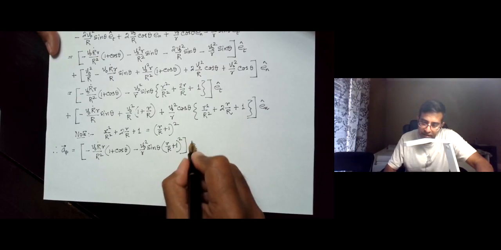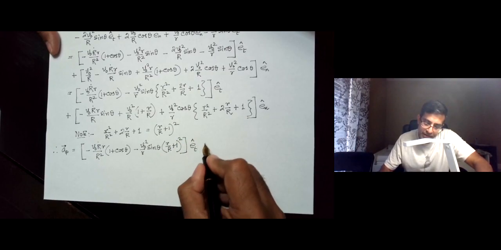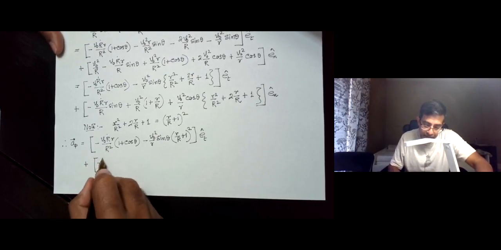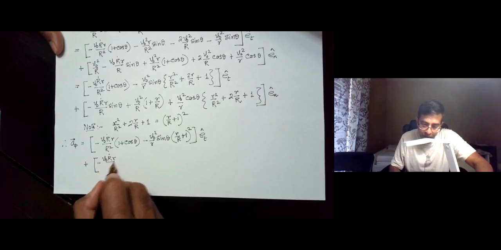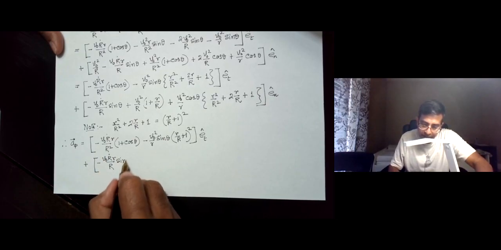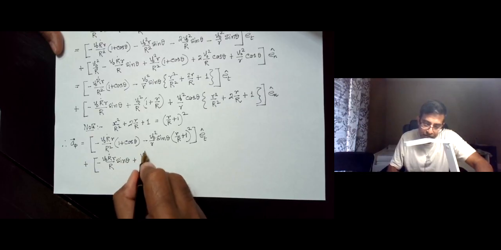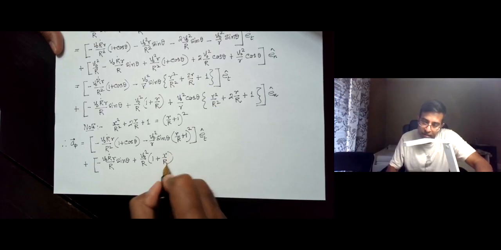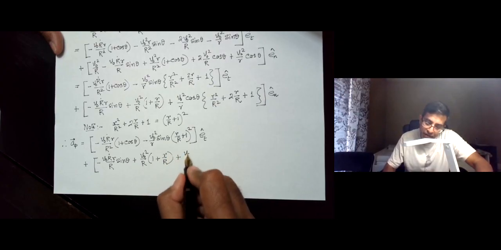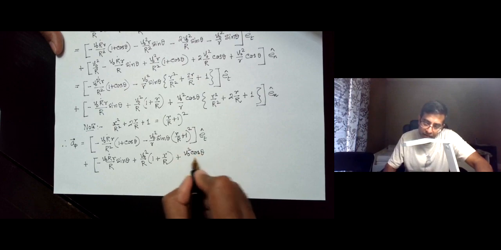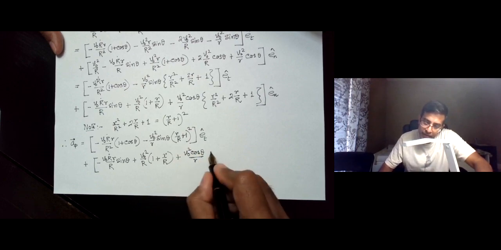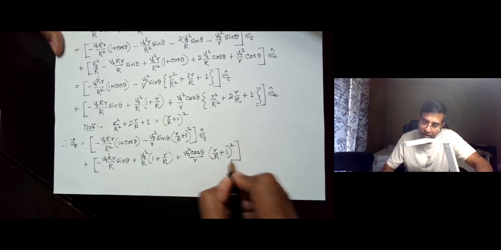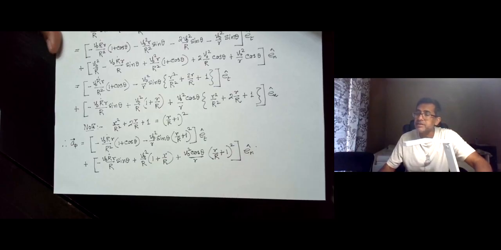This is in the ET direction, plus in the EN direction we will have minus V0 capital R dot small r over capital R sine theta plus V0 squared over capital R 1 plus small r over capital R plus V0 squared cosine theta over small r times small r divided by capital R plus 1 whole squared, and this is in the EN direction.